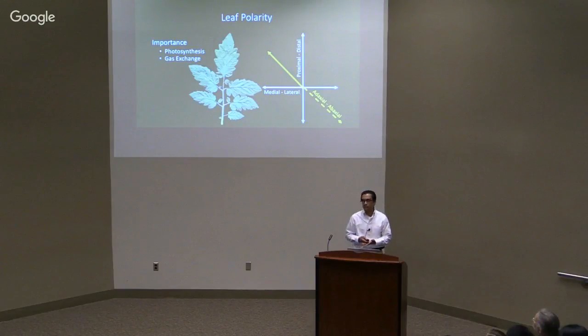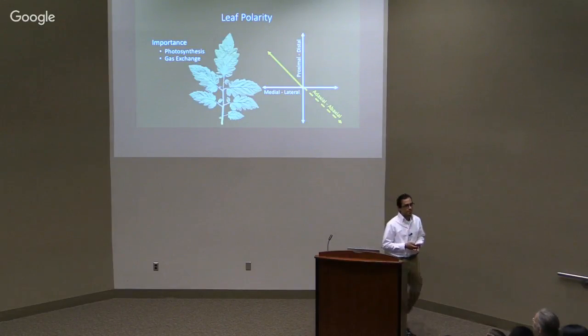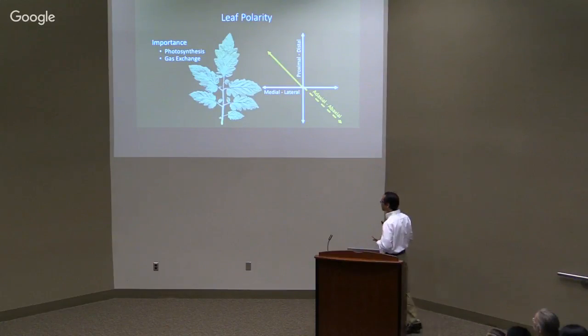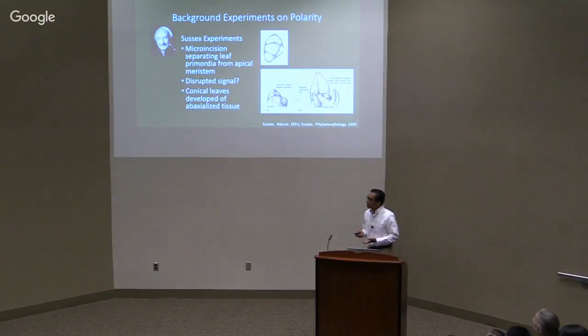And on the abaxial side of the leaf, you could perhaps have more stomata, to maximize your gas exchange there. So it's important for many reasons.